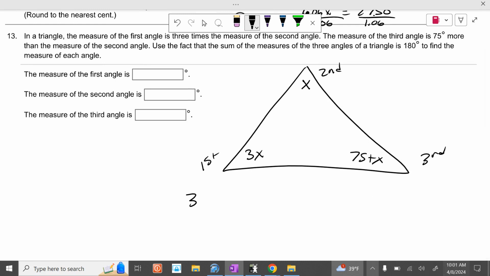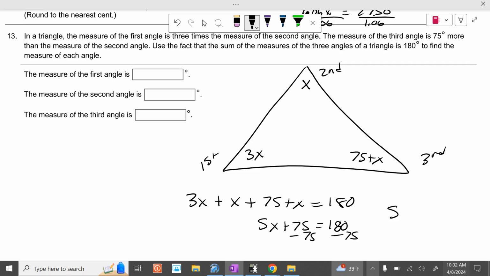So in this problem, the second angle will be x. So 3x plus 75 plus x is equal to 180. So 3, 4, 5x plus 75 equals 180. Subtract 75. 5x equals 105. Divide by 5. x equals 21.